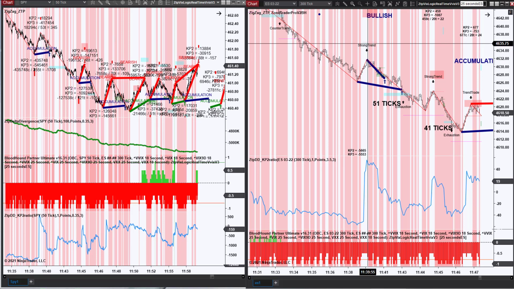Now, it doesn't have to make it all the way to the minor area of resistance, but in this case, again, we formed a strong trend, went back to minor resistance to the tick, and then again had a little bit over a 10-point trade.